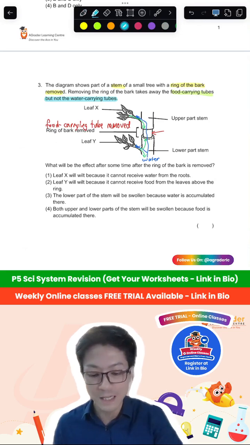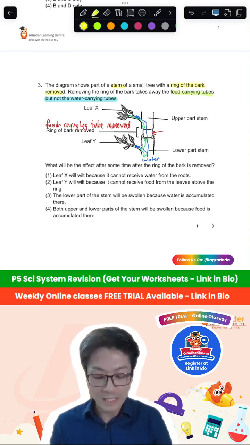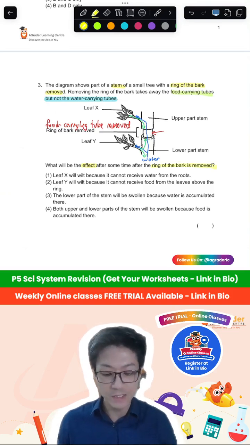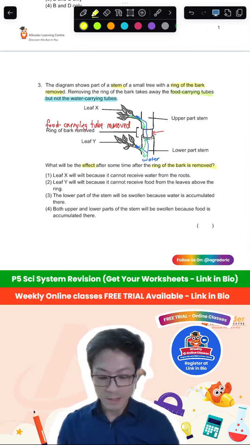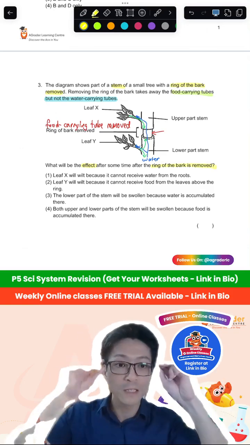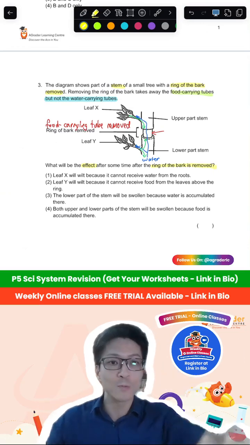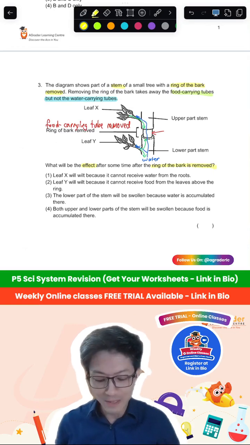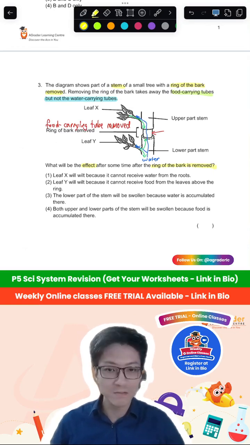The question is asking, what will be the effect after some time, after the ring of bark is removed? Let's read through the options one by one. I'm sure by now all you smart kids out there will know what the answer is already. But number 1, what is wrong with number 1?